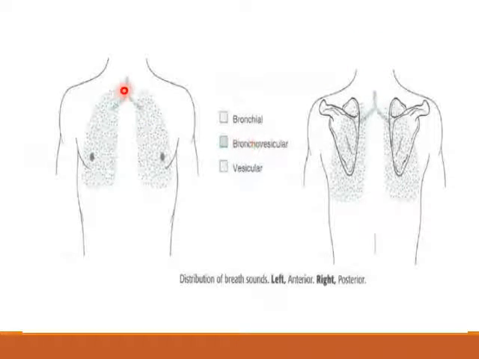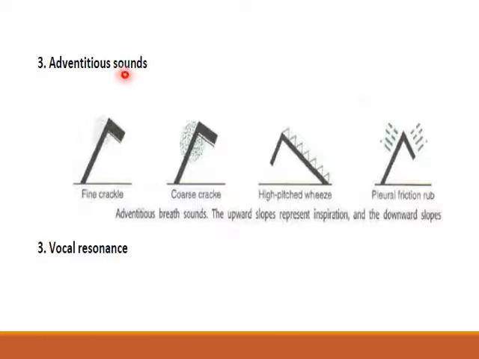Normally you will hear the bronchovesicular breath sound in the first and second intercostal spaces in the parasternal area, and also in the back at the first and second intercostal spaces in the paravertebral areas. In all the other areas of the chest you will normally hear vesicular breath sound. Added sounds include crackles, wheezes, and pleural rub, plus vocal resonance.